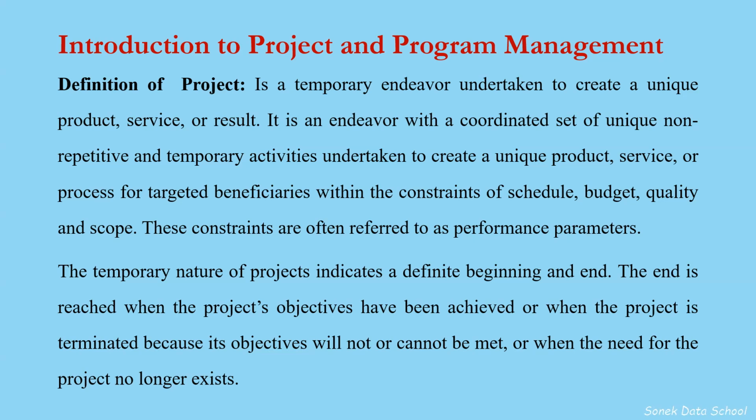What did we want to achieve? What was our aim? Once we have achieved it, then we can end. Or we can end when the objectives can never be achieved. You've tried by all means, but you are not achieving the objectives. Or if it was a project that you are conducting for a client, then the client says, now it has to come to an end.